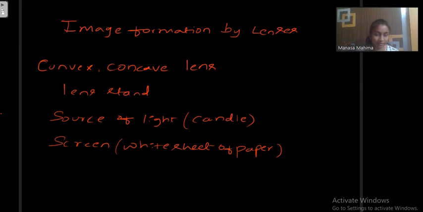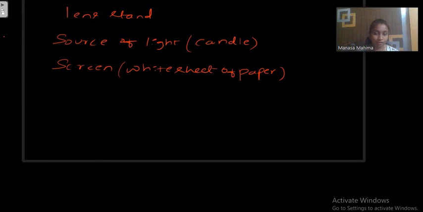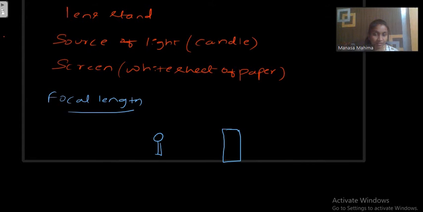Before conducting this activity, first we need to find the focal length of the convex lens or concave lens, whichever lens we are using. How can we find the focal length? If we take the lens here, this is the screen, and the source of light we take here, we move this convex lens in such a way that we get a bright spot of the image here.